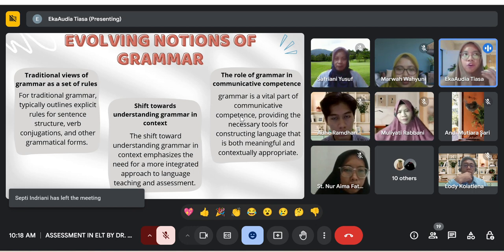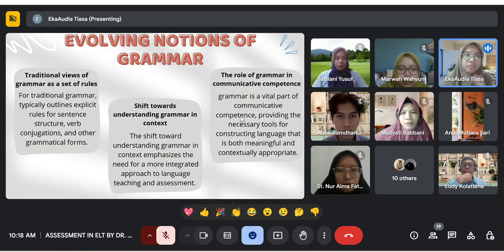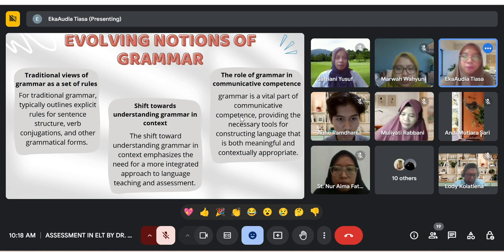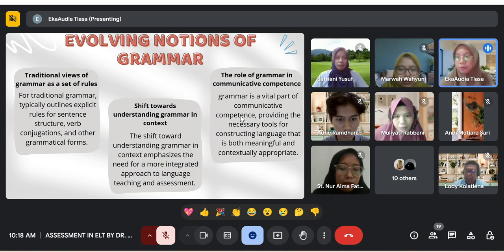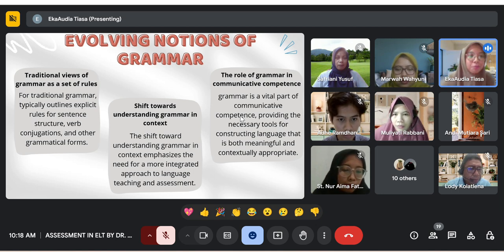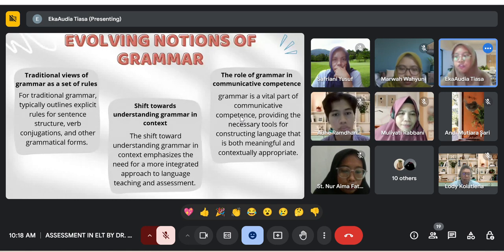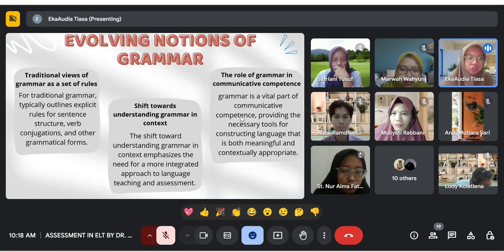This perspective focuses on analyzing the language system, where grammar is seen as a systematic framework to explain and predict how an ideal speaker or listener will use the language. For example, traditional grammar typically outlines explicit rules for sentence structure, conjugation, and other grammatical forms.